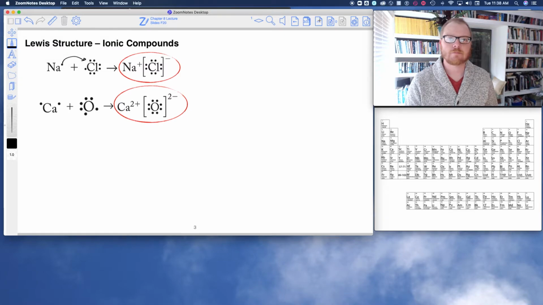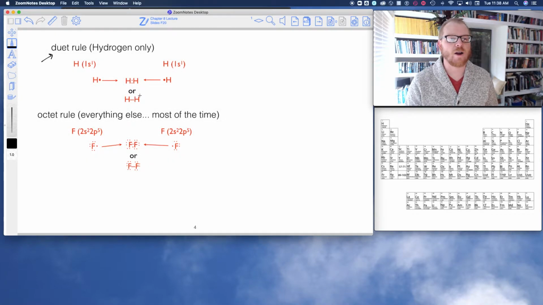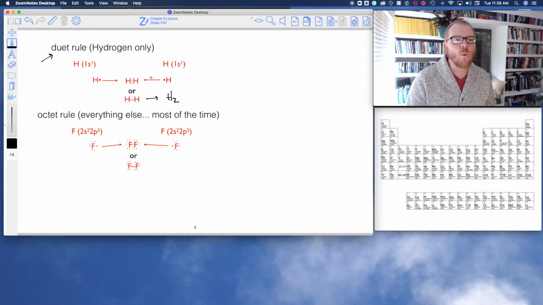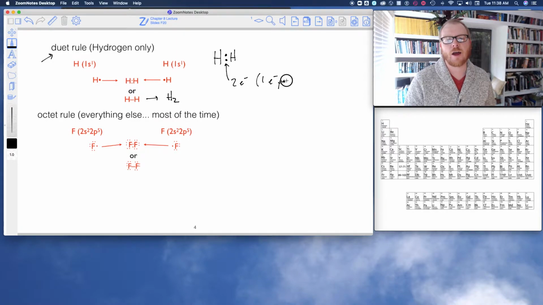Now if I want to make H2, the hydrogen molecule, then when we have 2 dots, 2 electrons or 1 electron pair, that makes a chemical bond.